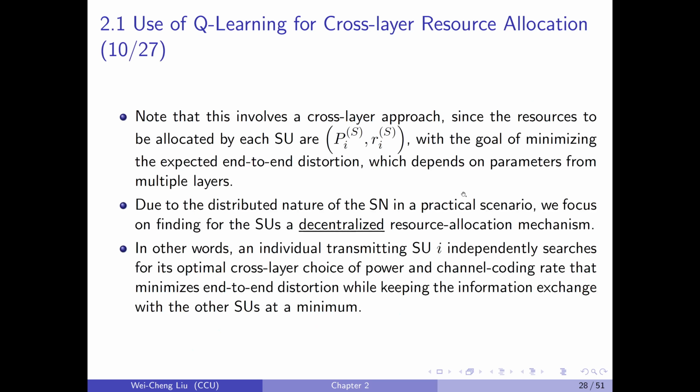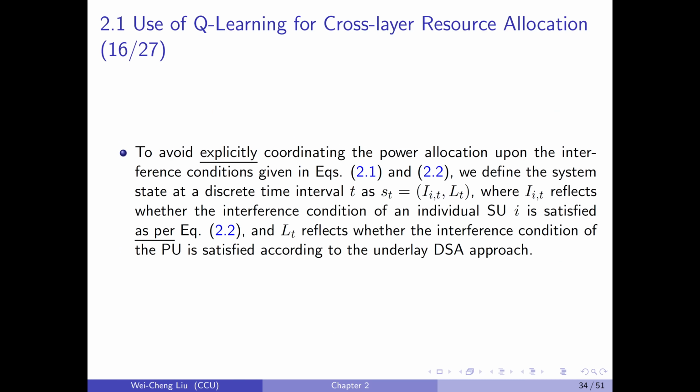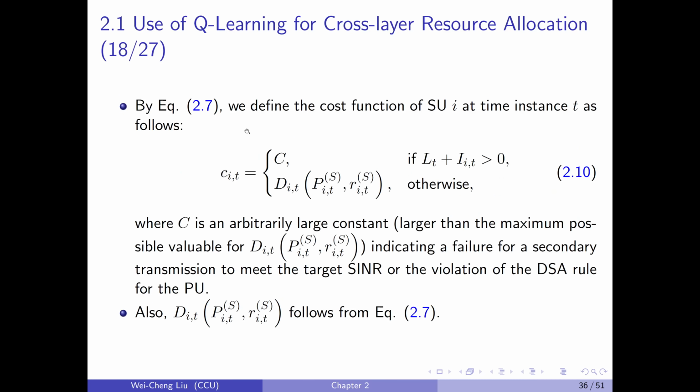Let us go back to equation 2.10. By equation 2.7, we define the cost function of secondary user i at time instance t as follows.